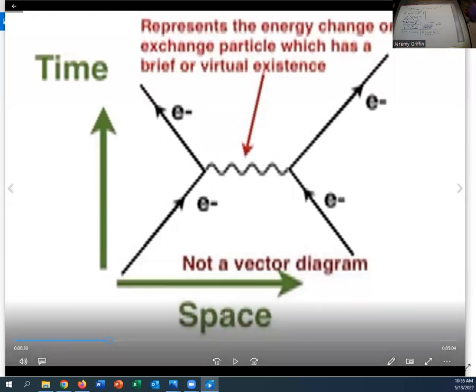It's two electrons interacting. It looks like they're headed toward each other, and maybe they bounce off each other, some version of that, releasing a photon. All right. So I got that copied in my notes. You guys get there?